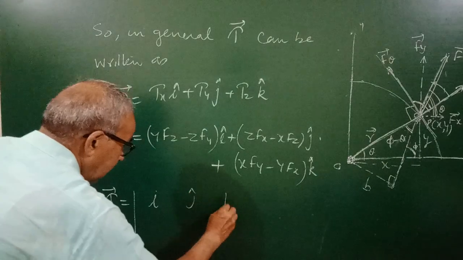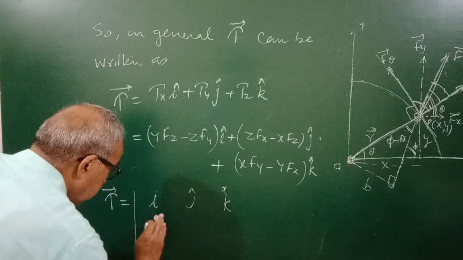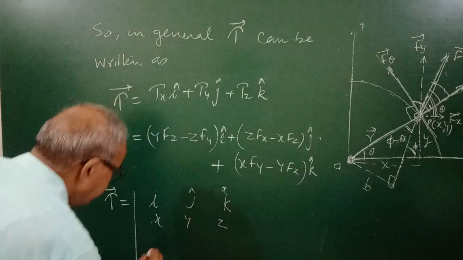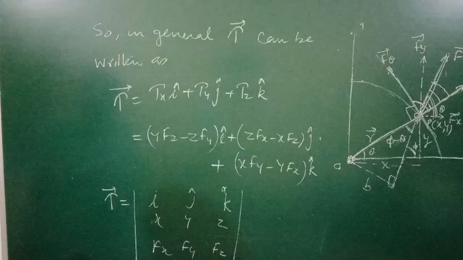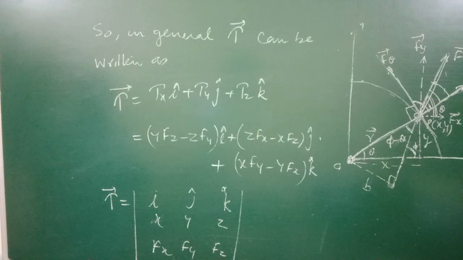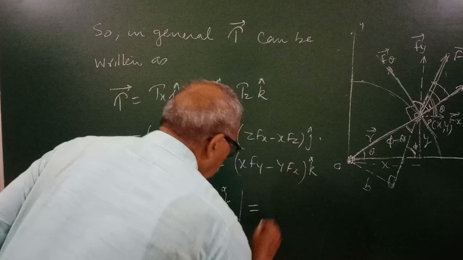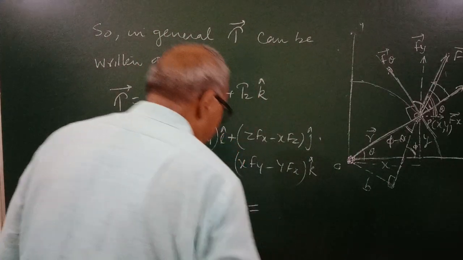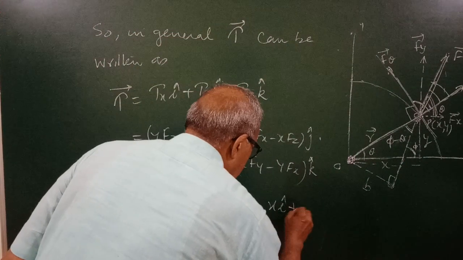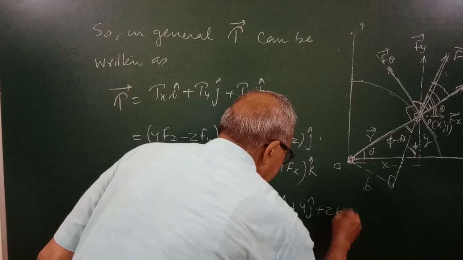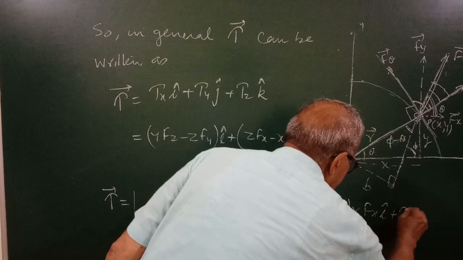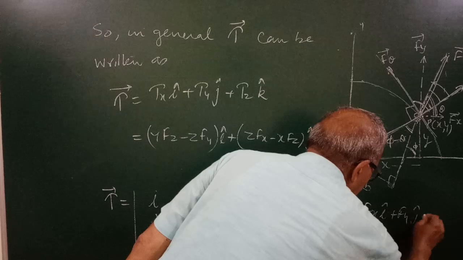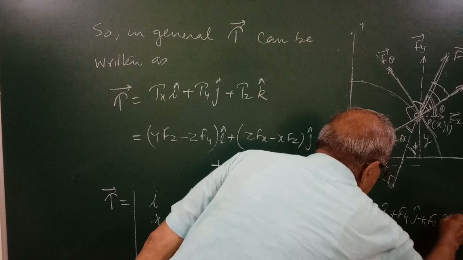And if you remember, we can write this as tau equal to the determinant with rows i j k, x y z, Fx Fy Fz. And this is equal also to x i cap plus y j cap plus z k cap, cross Fx i cap plus Fy j cap plus Fz k cap.